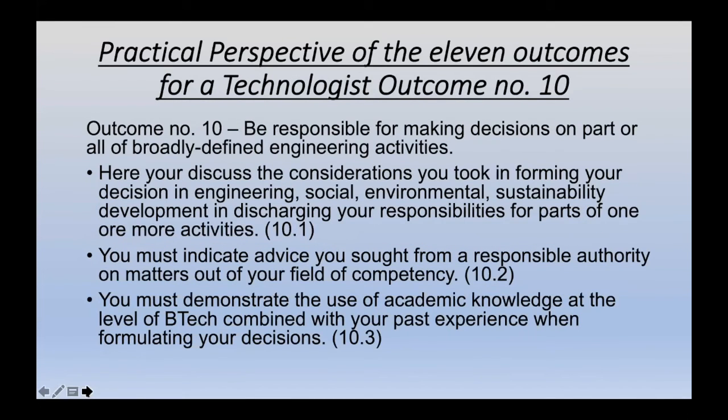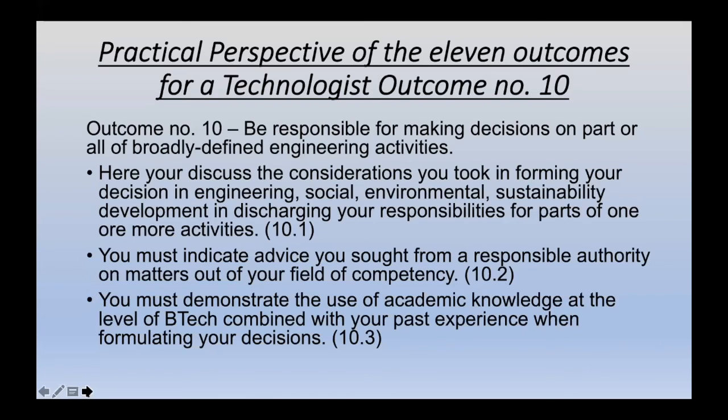Now, outcome 10: to be responsible for making decisions on part or all of broadly defined engineering activities. Here you discuss the considerations you took into forming your decision in engineering, social, environmental and sustainable development in discharging your responsibility for parts of one or more activities.